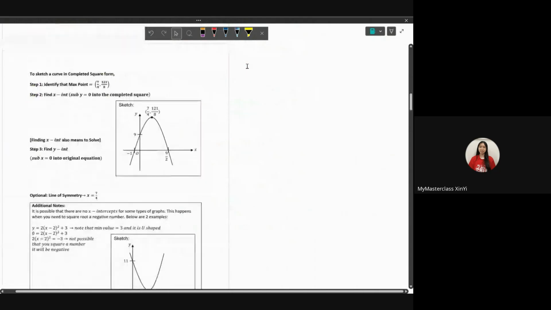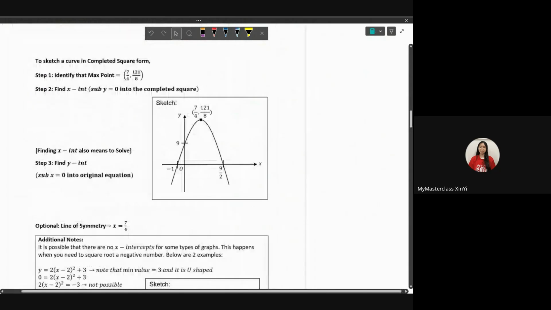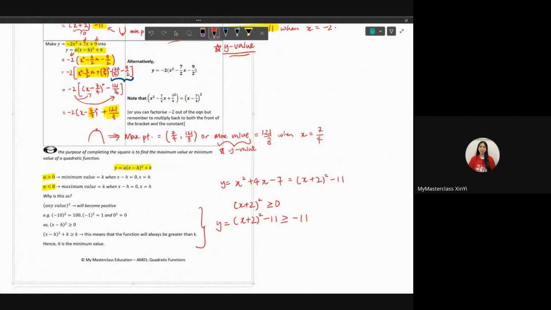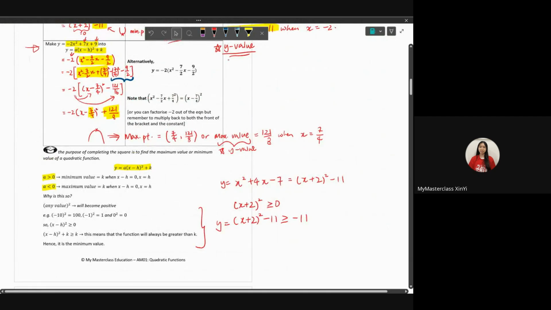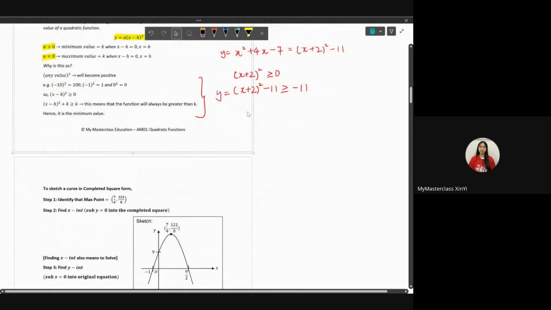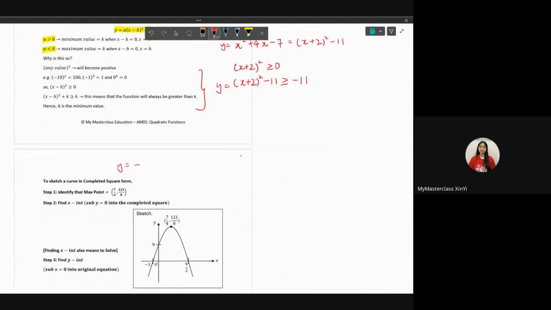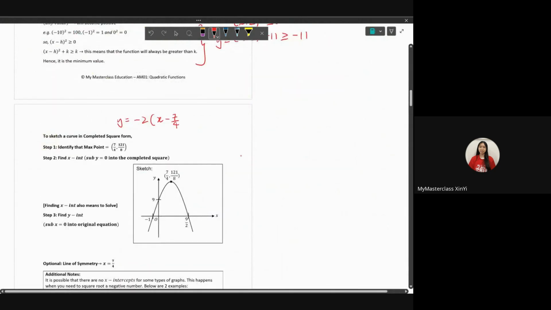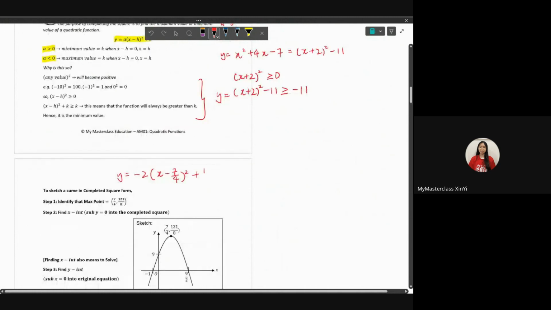Now let's see an example over here. This one continues on from the previous example. For sketching, let's write down our completed square form first. This is y = −2(x − 7/4)² + 121/8.